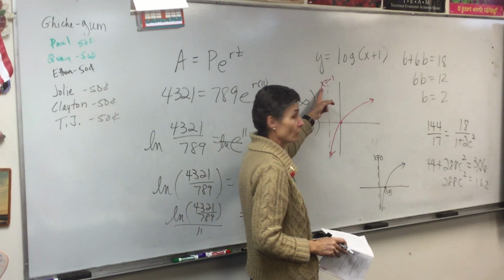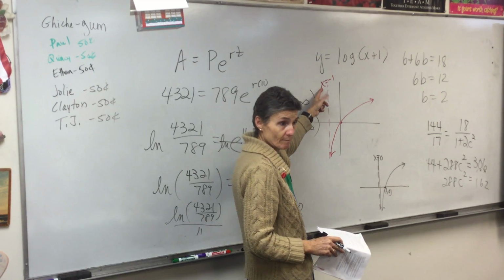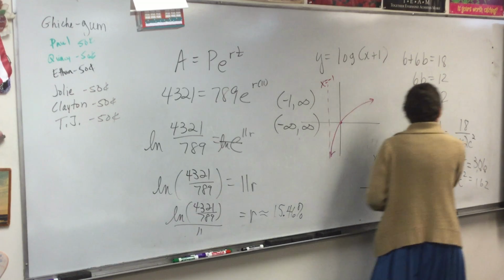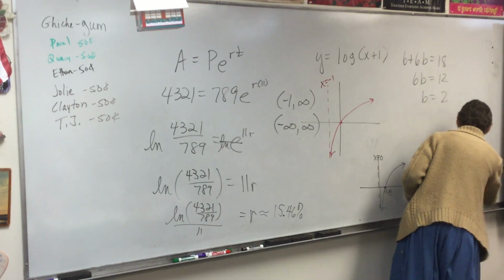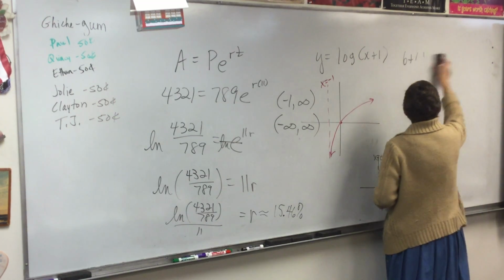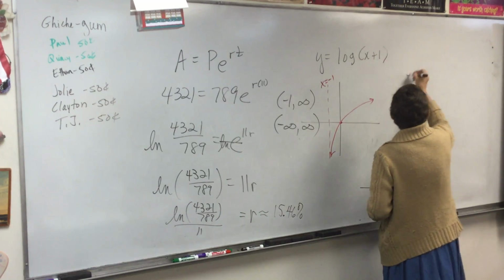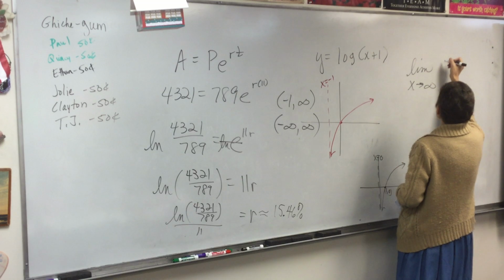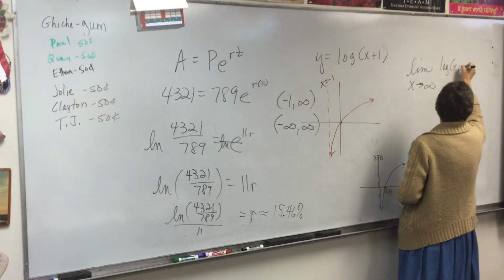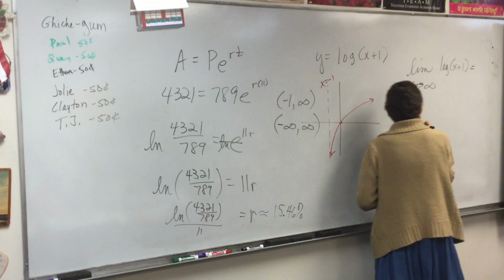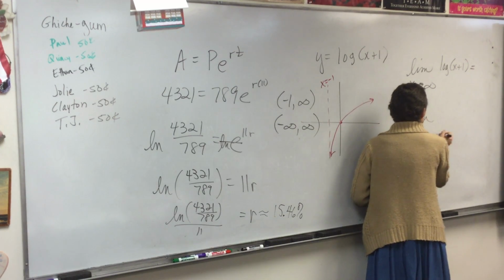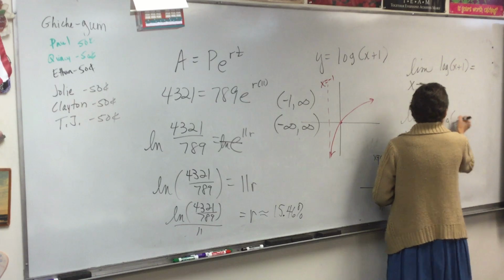Asymptotes, yep, already labeled it, x equals -1. End behavior, by its nature, by the kind of curve that it is, it does not have end behavior to negative infinity. It only has end behavior to positive infinity. Normally, you describe what happens at both ends of the picture.